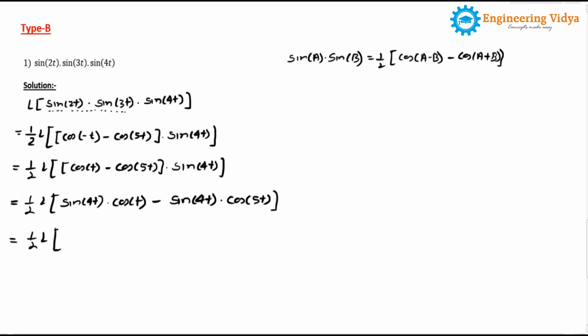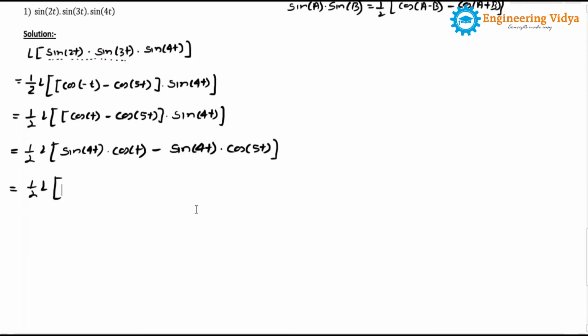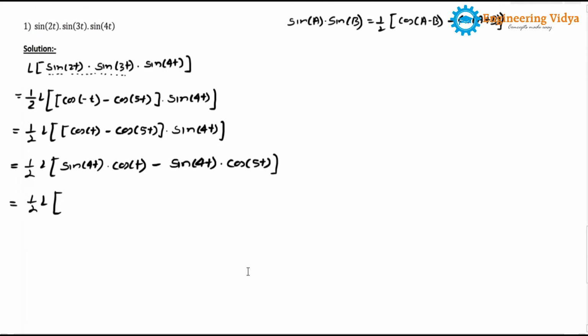Now we go to the next case. Laplace transform of sin 4t into cos of t. Again we can apply the defactorization formula. The formula for sin a into cos b is 1 by 2 into sin a minus b plus sin a plus b.